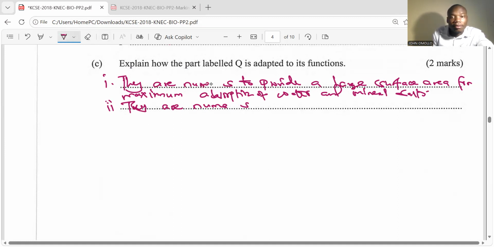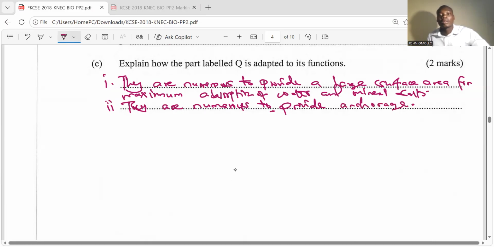So they are numerous to provide anchorage. Or instead of saying numerous, you can say they are hair-like. They are hair-like to provide anchorage.